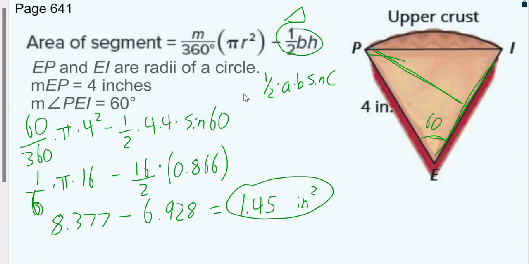Pause the video while I solve. I did 60 over 360, 4 squared is 16. All this combines to 8.377. The sine of 60 is roughly 0.866 times the 16 over 2 gives me 6.928. Put this in the calculator and I get 1.45 inches squared.